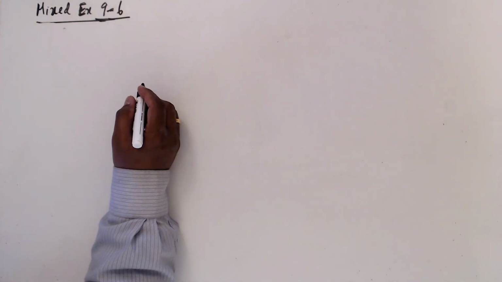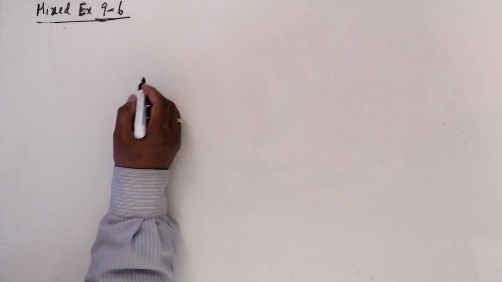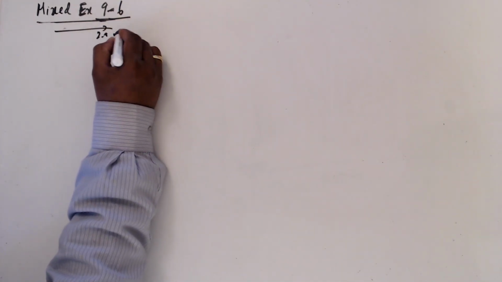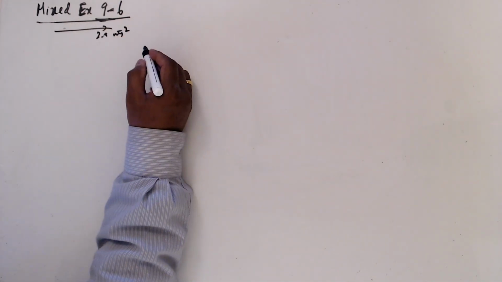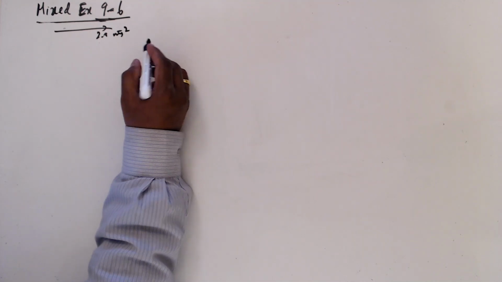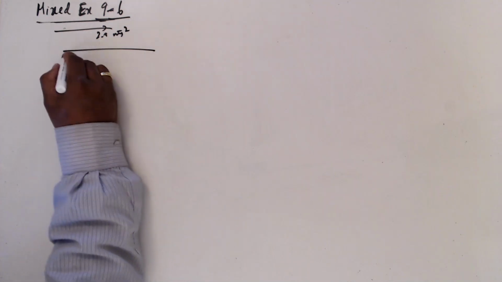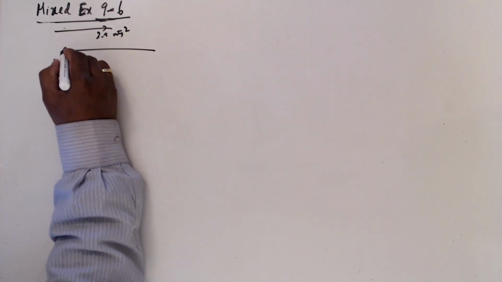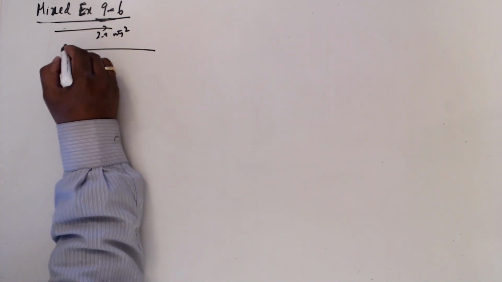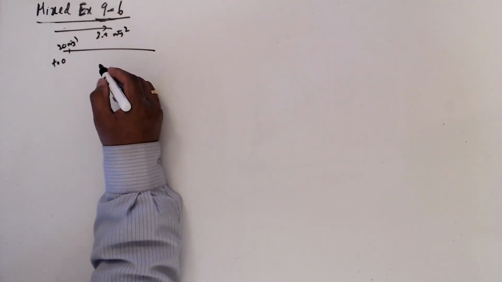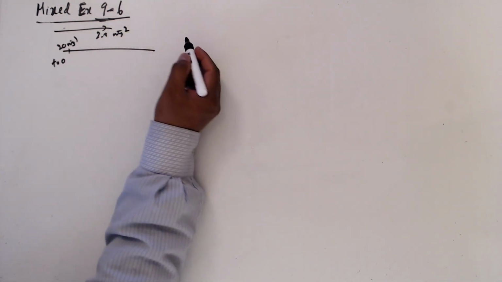Question number 6. A particle is moving along the x-axis with constant deceleration 2.5 m/s squared. At t equals 0, P passes through velocity 20 in the direction of x increasing.